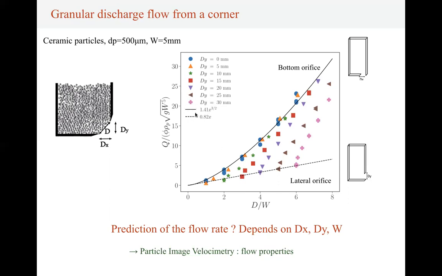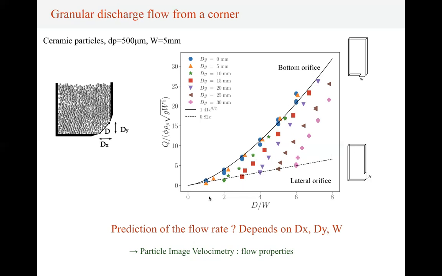When we have a large dy, we are really close to the lateral orifice, and the flow rate can be scaled by a linear fit, which corresponds to the lateral orifice we found just before. All the data lie in between these two curves.